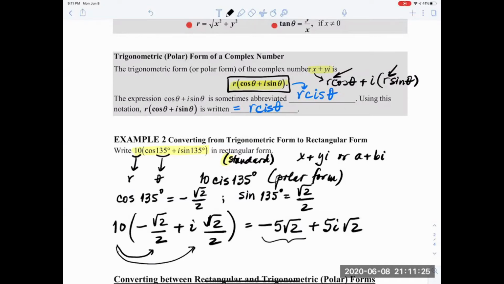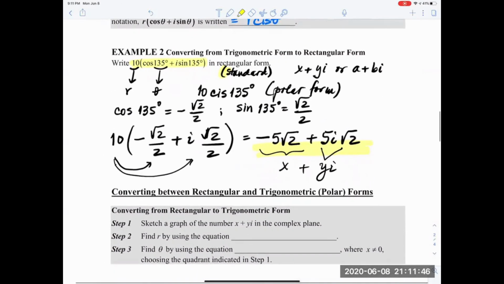Here's your x, which is negative 5 root 2, and your y is simply 5 root 2. So the number that was given to us in polar form, now we have it in standard rectangular form. So this is one way to do it.